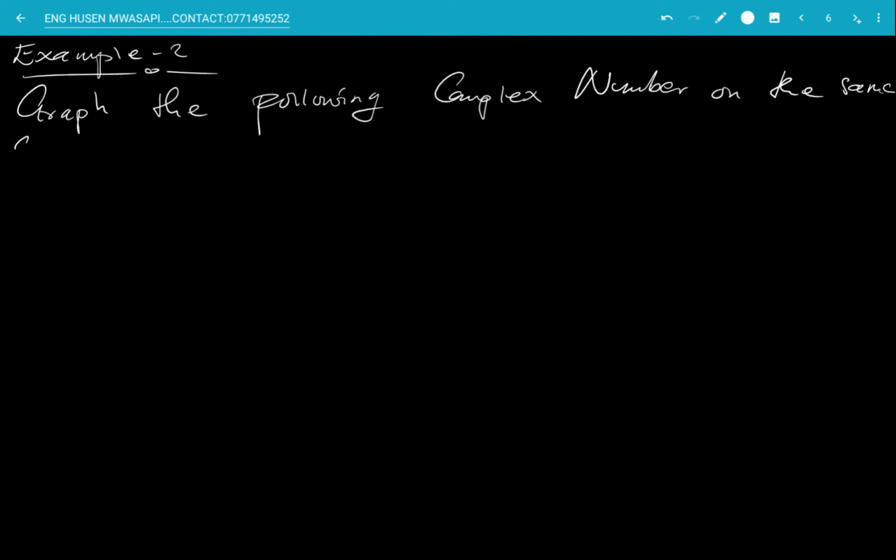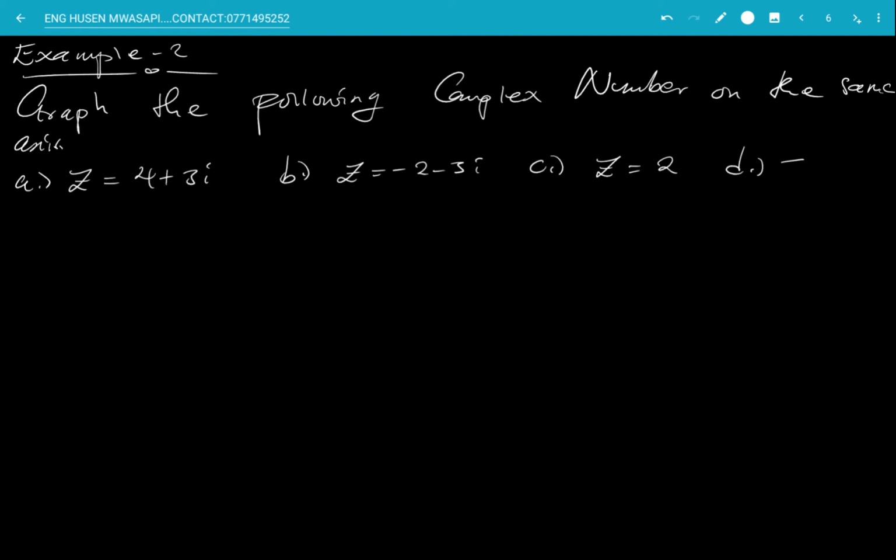Say we have A, which is z equals 4 plus 3i, B, z equals -2 minus 3i, C, z just being equal to 2, D, z equals -3, E, z equals 4i, and F, z equals -3i.